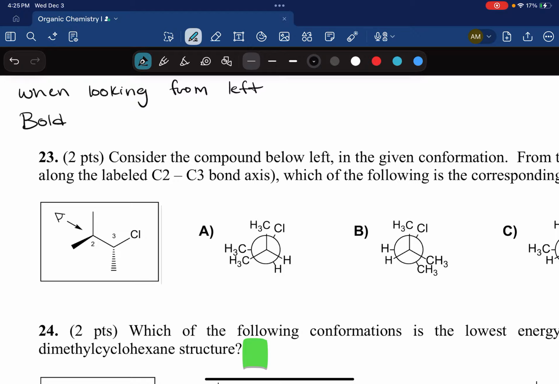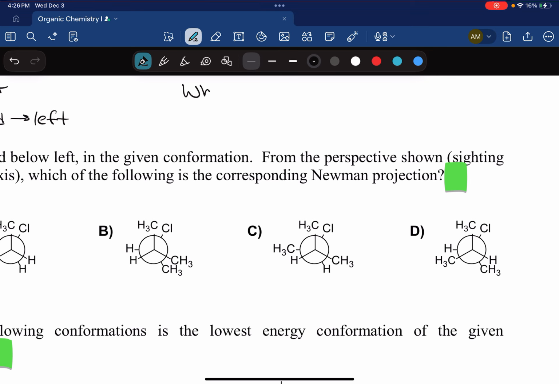Bold is to the right. Dashed is to the left. And inverse, right, when looking from the right, bold is to the left.